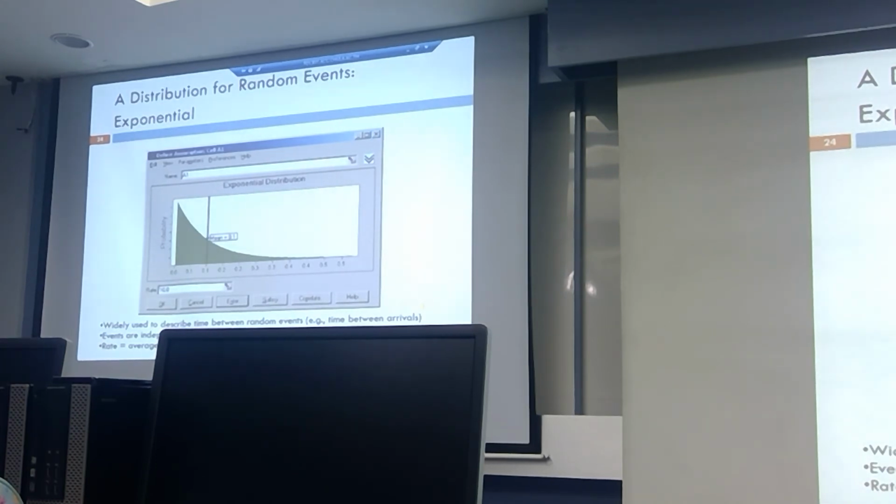This one is the exponential distribution. That's what we usually use for interarrival time. As you can see, the value generated will only be positive; you will never get a negative number. It depends on the software: sometimes it's specified by the rate, like how many happen in a particular time.